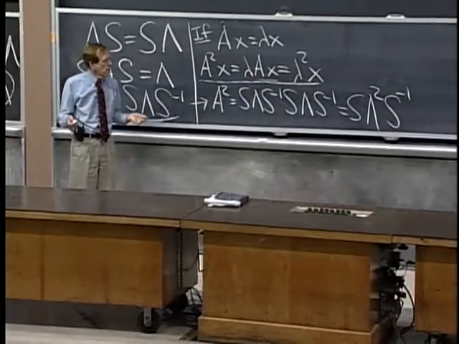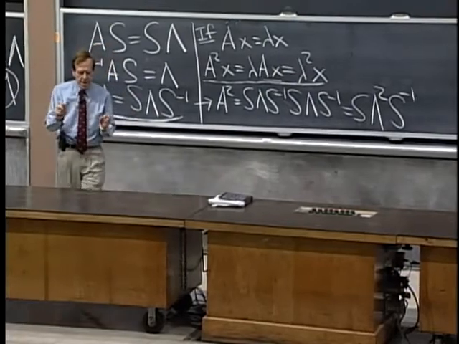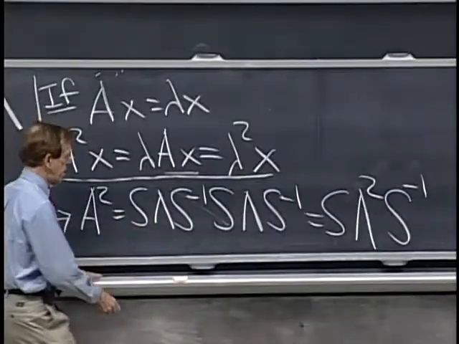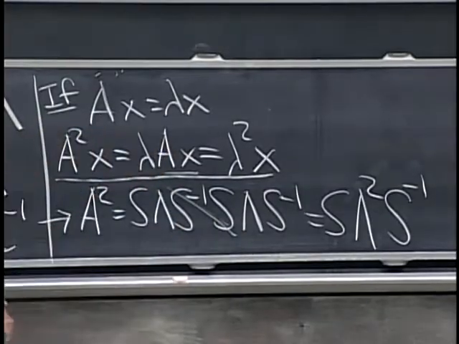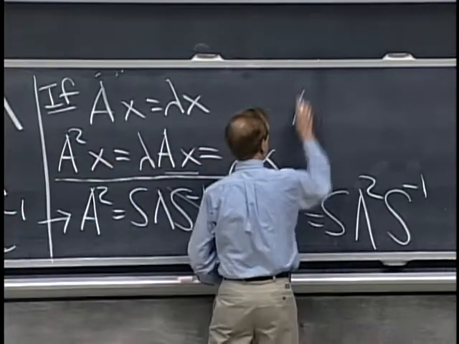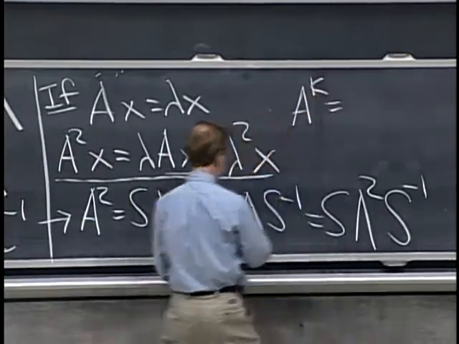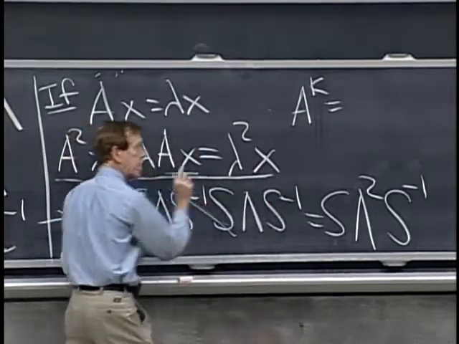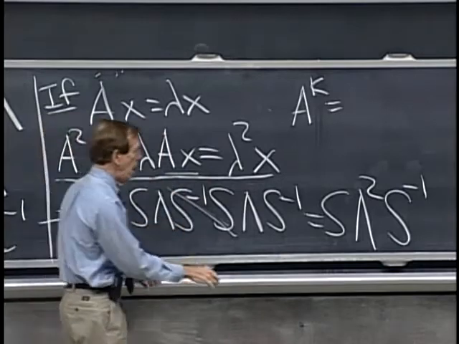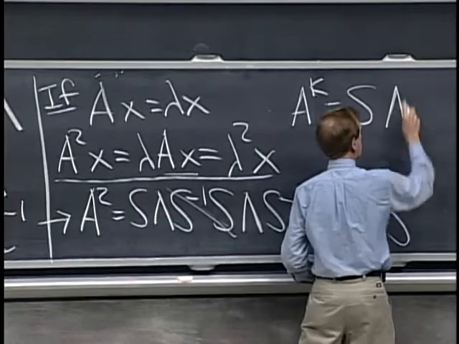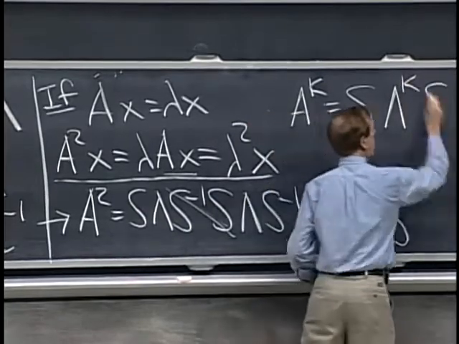So somehow those eigenvalues and eigenvectors are really giving you a way to see what's going on inside a matrix. Now, of course, I can continue that to the kth power, A to the kth power. If I have k of these together, do you see how S inverse S will keep canceling? On the inside, I'll have the S outside at the far left, and lambda will be in there k times, and S inverse.